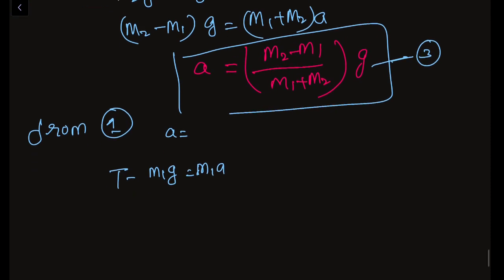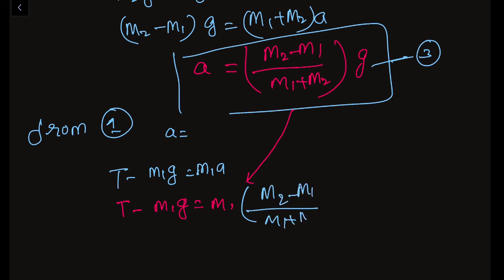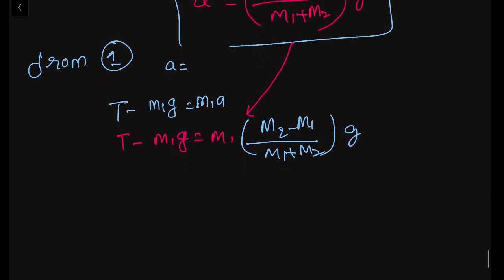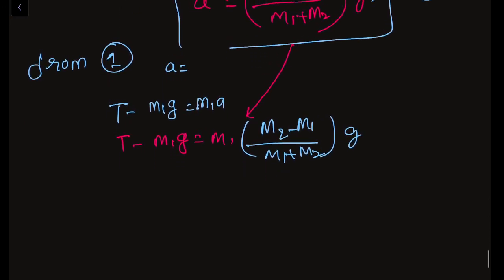Here we substitute the acceleration: T minus m1g is equal to m1 into (m2 minus m1) by (m1 plus m2) into g. Got it, children?